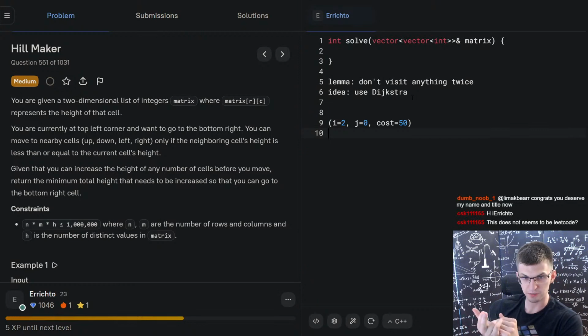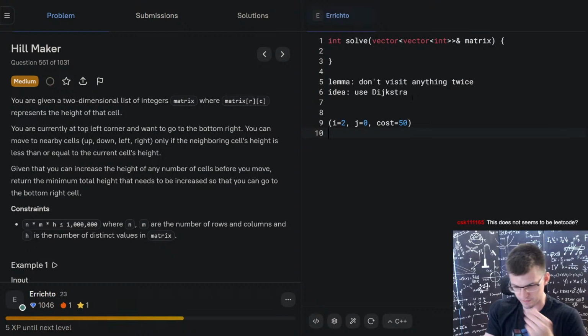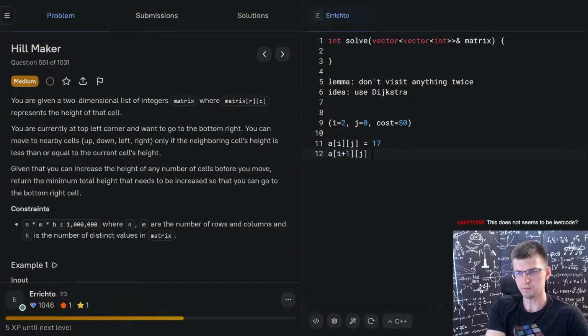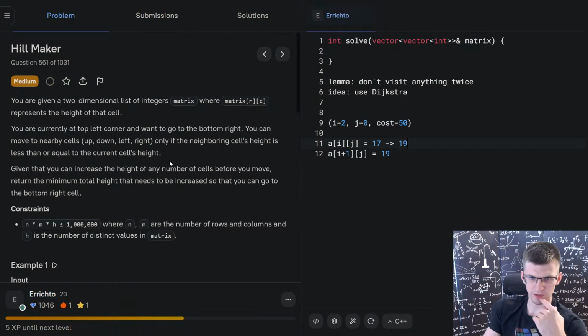Well, increasing means that if right now a of ij is, say, 15, 17, our neighbor is 19, we cannot go there. And you might say that we just increase 17 to 20, or to 19 is enough, because equal is also fine, if I remember correctly.